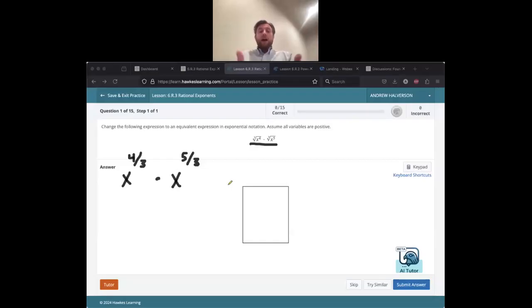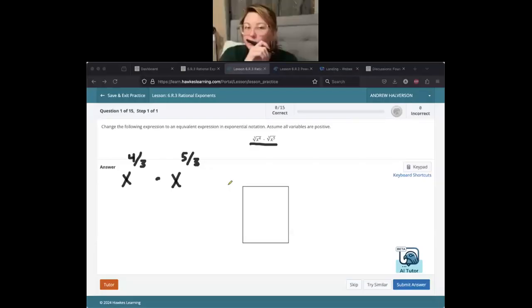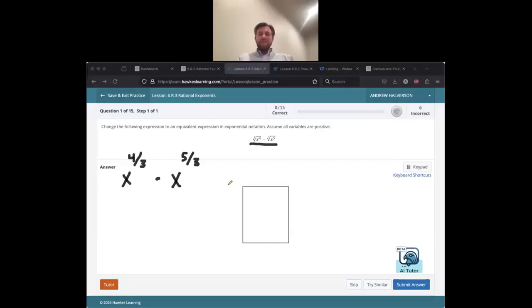Now, how can we simplify this? What rule would we apply here? x to the 4/3 times x to the 5/3. Exponent rule? What do you have in mind? Look at what we got. You have the same denominator for both of them, so maybe we can do something with that.